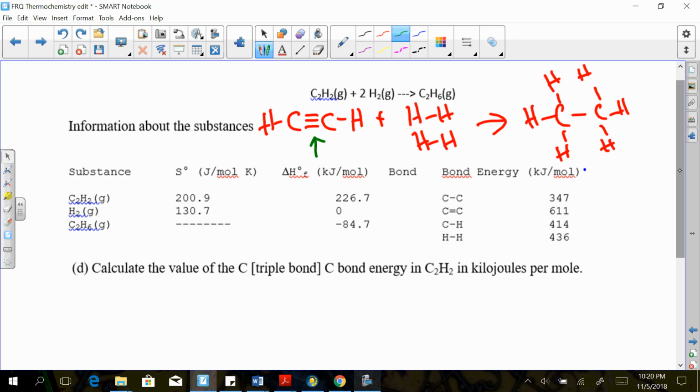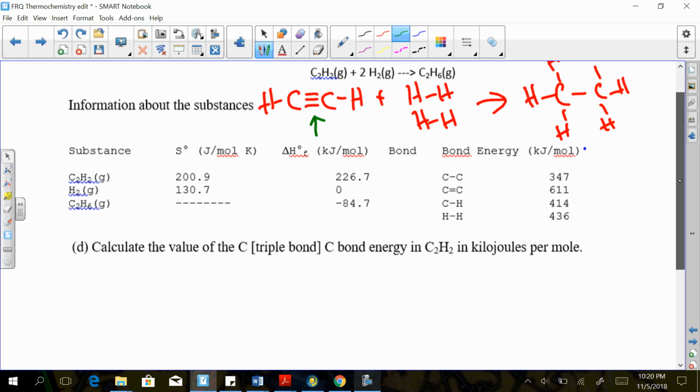And step 2, use that enthalpy of reaction to find the bond energy in that triple bonded carbon. So step 1 is to find what's the enthalpy in this reaction. So I want to know what is delta H of this reaction.